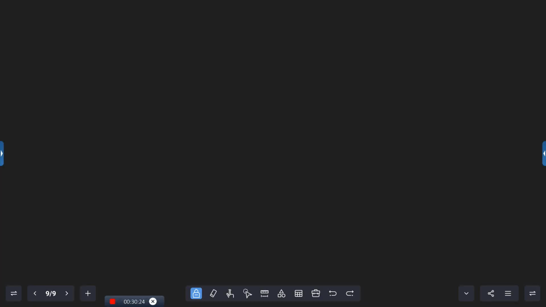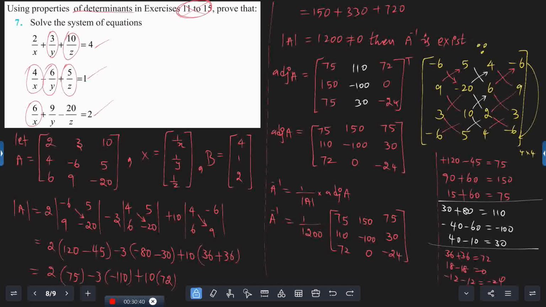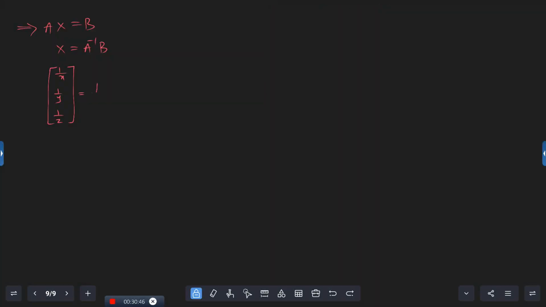Wait, I'll complete. I said Ax is equal to B. X is equal to, just listen, A inverse B. X matrix we know that is 1 by x, 1 by y, 1 by z. A inverse, what, children? A inverse what? 1 by 1200. And what is the A inverse we have? That you write, 1 by 1200.